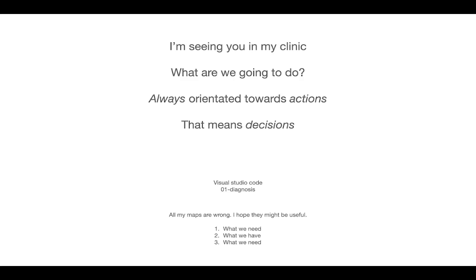So if I'm seeing you in my clinic and I need to make a diagnosis and a management plan together, then we need to ask ourselves, what are we going to do? And it's all about information at the right time. All my maps are wrong, but I hope they might be useful. I'm going to try to take us through what I think we need, what we have, and then I'll finish with what we need again.